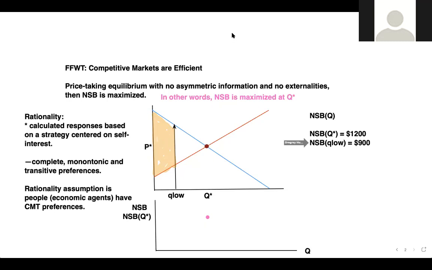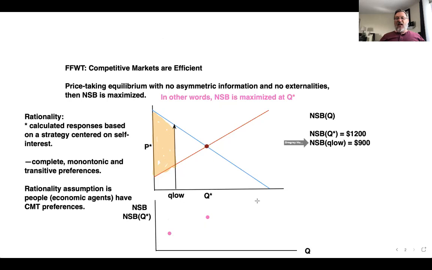Yeah. So then we have another point on our graph, and I'll go ahead and draw that. And sure enough, 900 is less than 1,200, so it's a lower point, right?